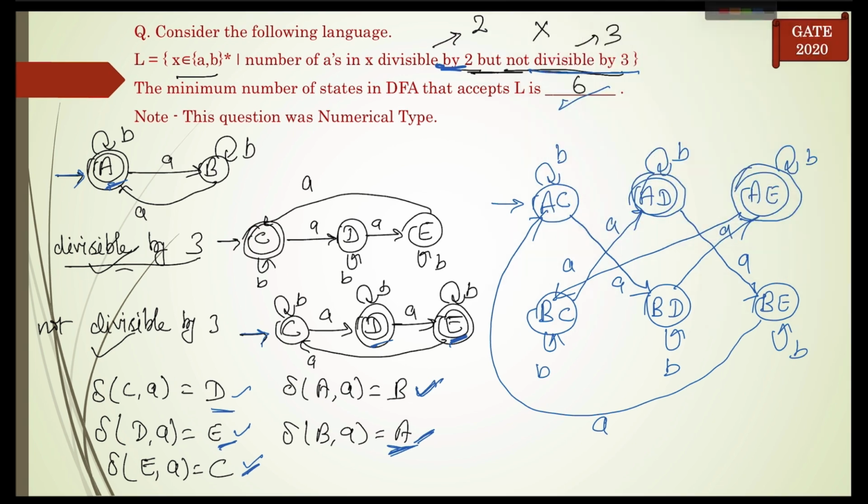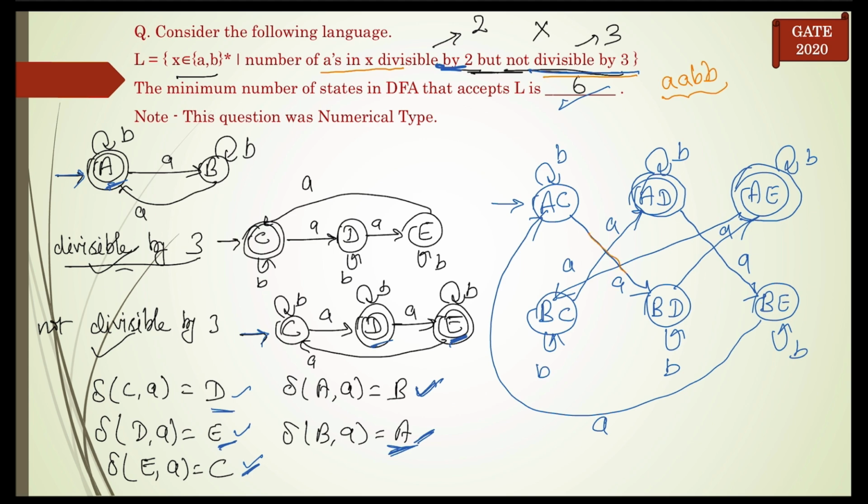Now we will take some strings and then we will check this DFA. For example, if I am taking double A, double B, it should stop at the final state because here number of A's in x is divisible by 2 but not divisible by 3.